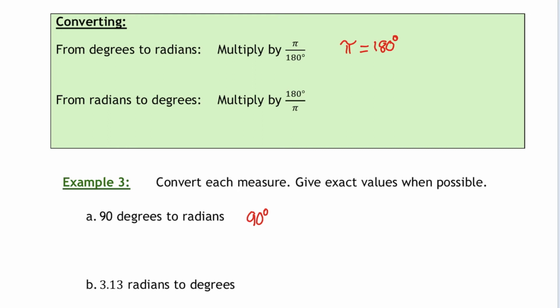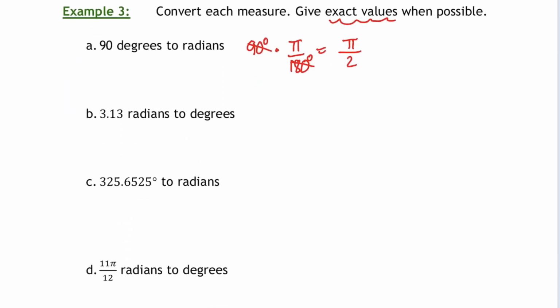So if I think about converting 90 degrees to radians, I get pi over 180 times 90, and then reduce: 90 over 180 would be 1 over 2, or pi over 2. When we're doing these, we want to give exact values when possible, so not rounded off decimals unless we absolutely have to. Try to leave them in terms of pi.